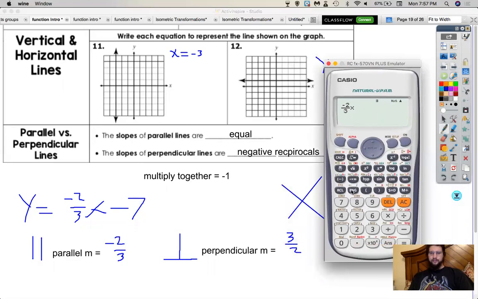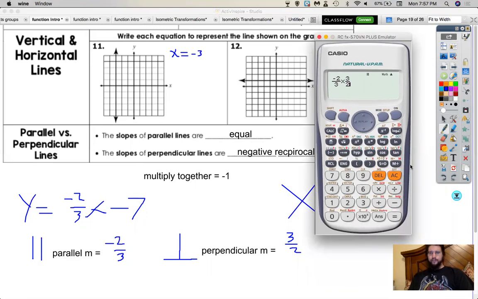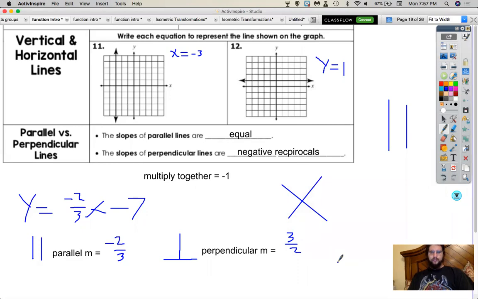Let's see. And if these are perpendicular slopes, that better equal a negative 1. If it doesn't, something's wrong. Oh, look, it does. We're good. They're negative reciprocals. That means they're perpendicular. So, for example, this could be 3/2 and that could be negative 2/3. Is it? I don't know. I just randomly rotated that. Doesn't matter.